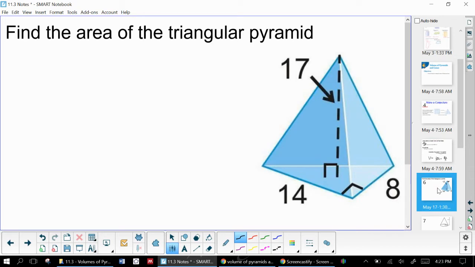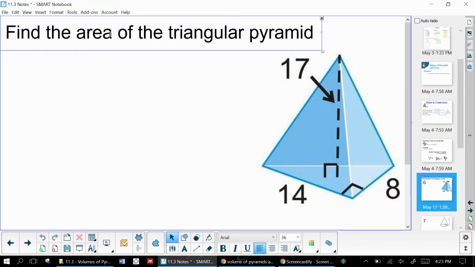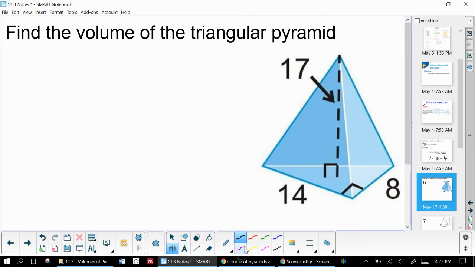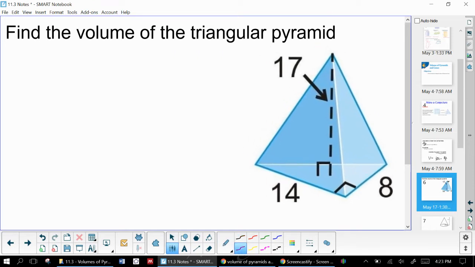Our first one, we've got the area, or not the area, the volume, get that right, of this triangular pyramid. And so our triangular pyramid means we've got a triangle as the base.